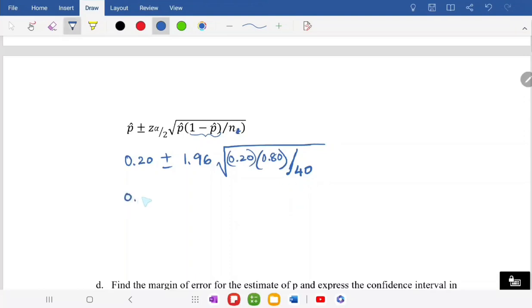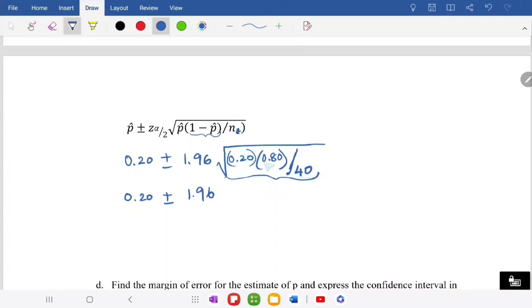So 0.20 plus minus 1.96, and this whole calculation, everything under the radical, calculates to 0.20 times 0.80 is 0.16 divided by 40.